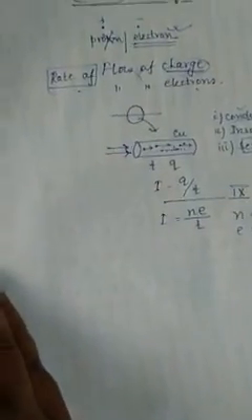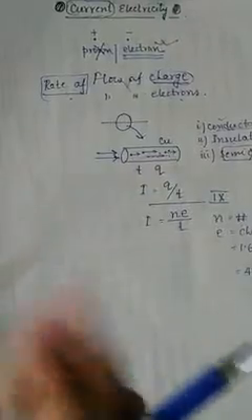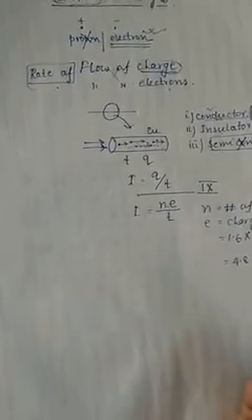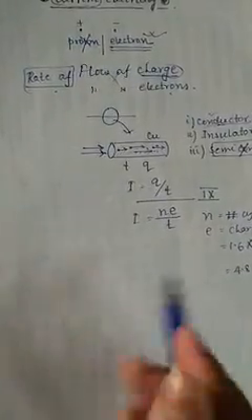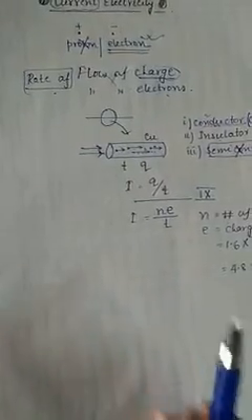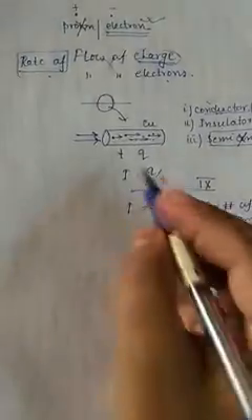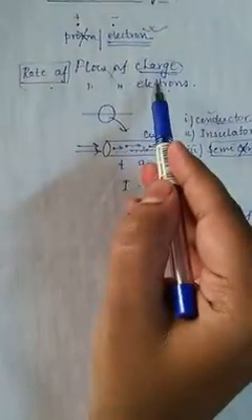Now let's talk about the direction of the current. Direction of the current means basically the conventional direction of the current. Convention means actually not the direction in which it really happens, but the direction in which we consider it; that is the convention, that is the rule. We know electrons are negative charges.